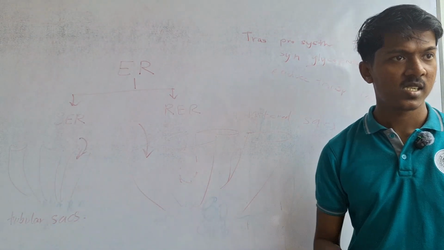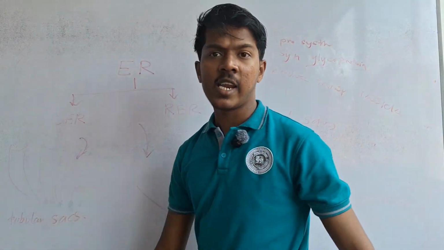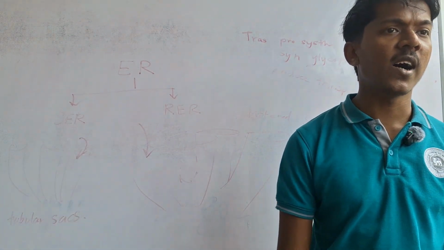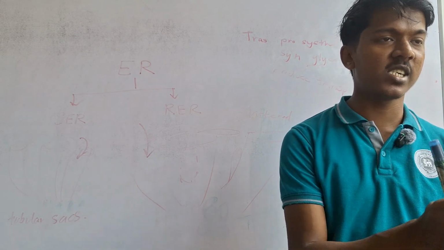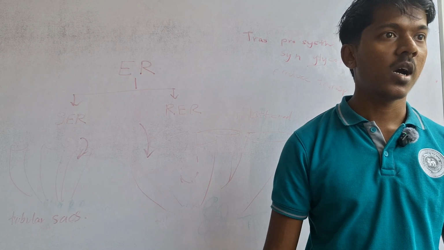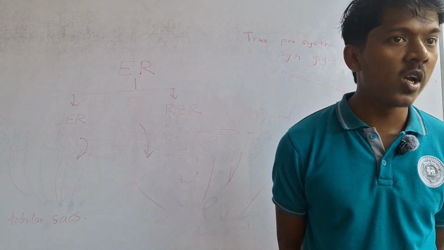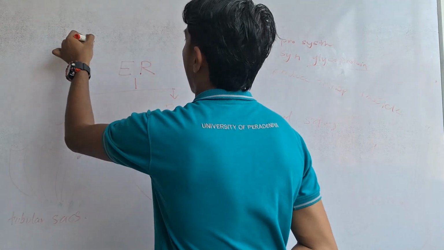What is meant by vesicles? Normally, what is the main production area of rRNA? The nucleolus. Okay? The nucleolus produces rRNA. So how does it travel?